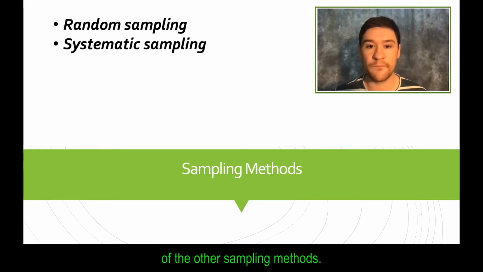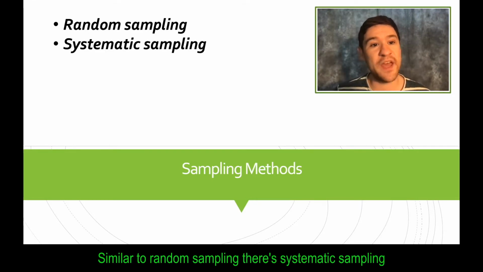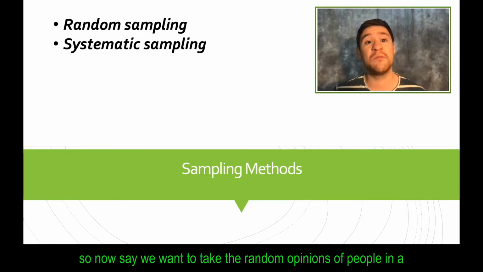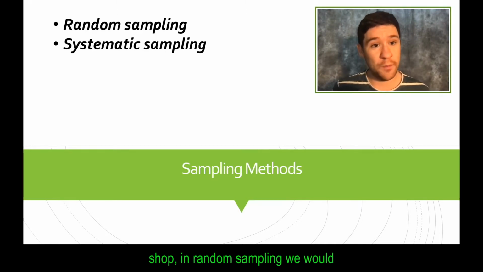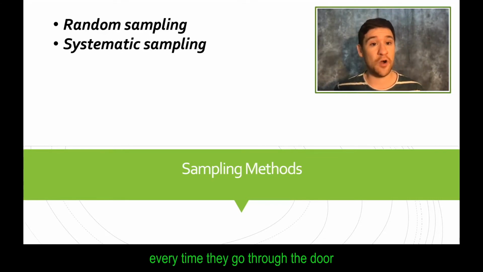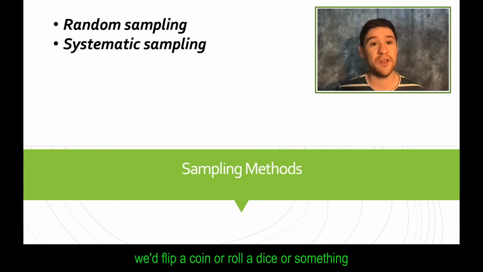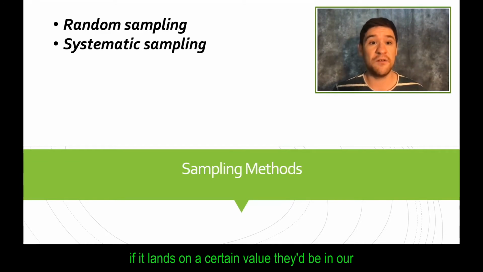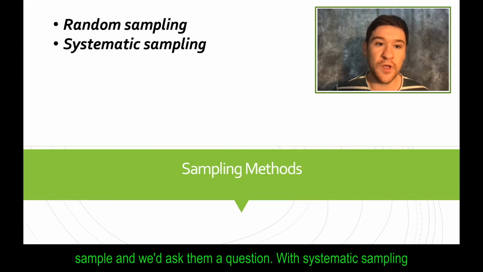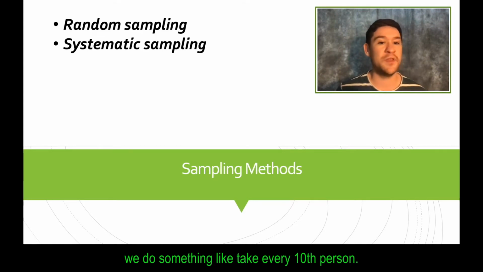Similar to random sampling, there's systematic sampling. Say we want to take the opinions of people in a shop. In random sampling, every time someone goes through the door, we'd flip a coin or roll a dice, and if it lands on a certain value, they'd be in our sample and we'd ask them a question. With systematic sampling, we'd do something like take every 10th person.